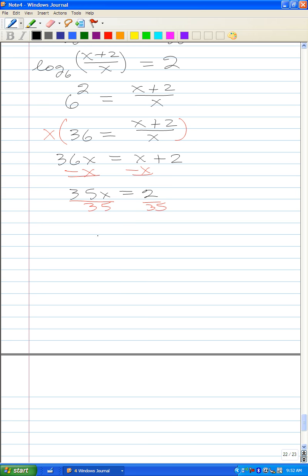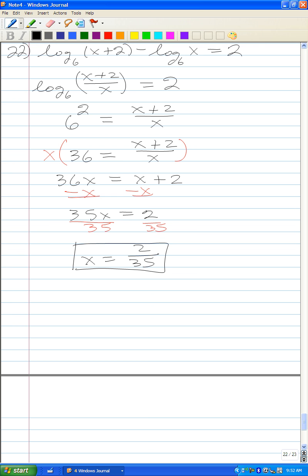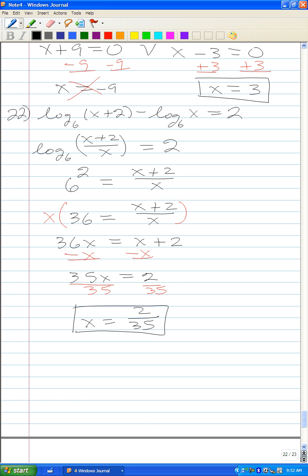So x is equal to 2 over 35. And you're not dividing by 0 anywhere, so they both exist. Let me do problem number 36.